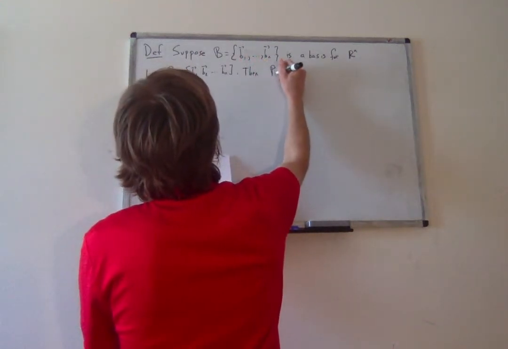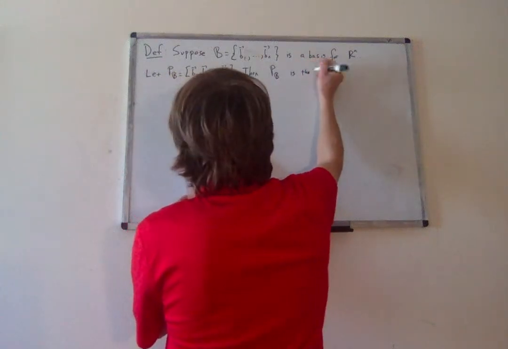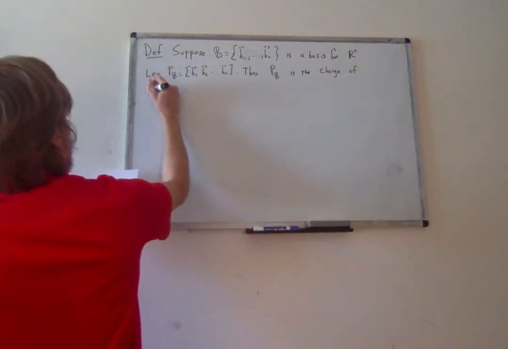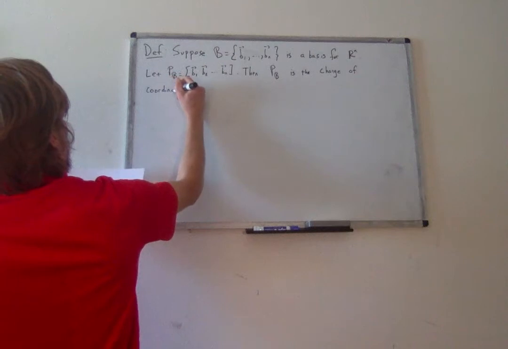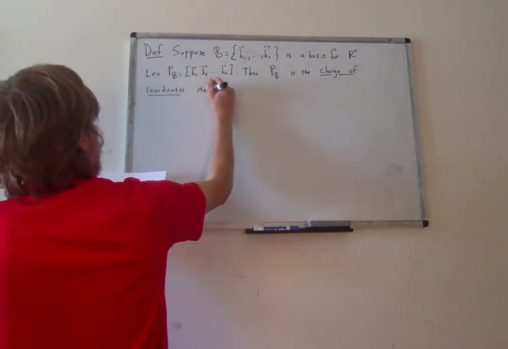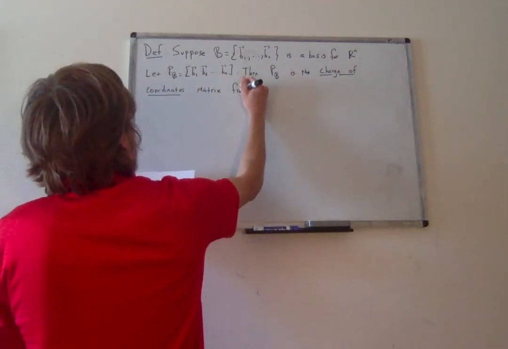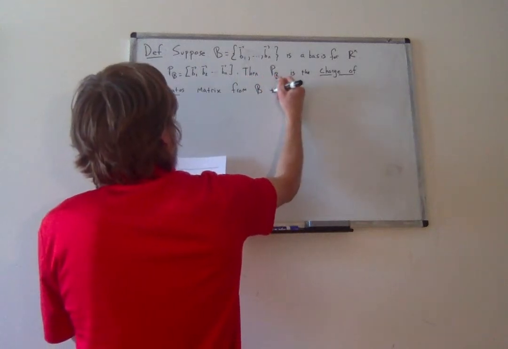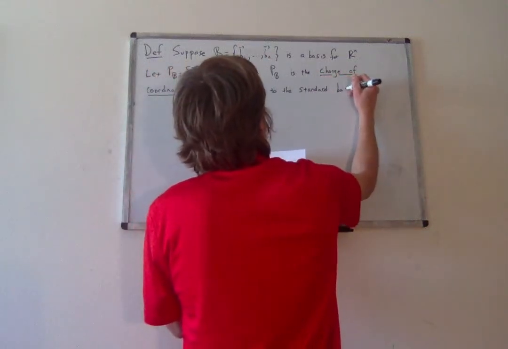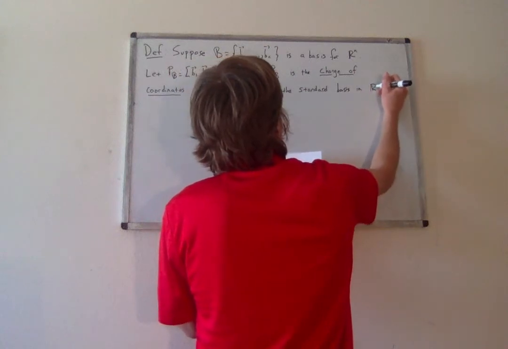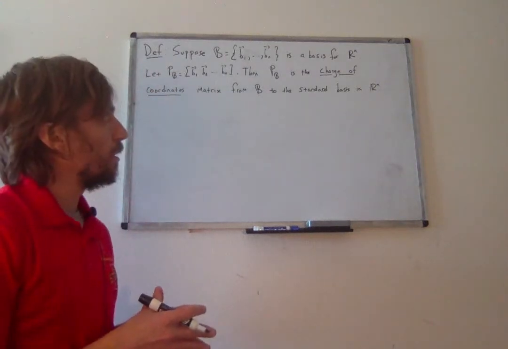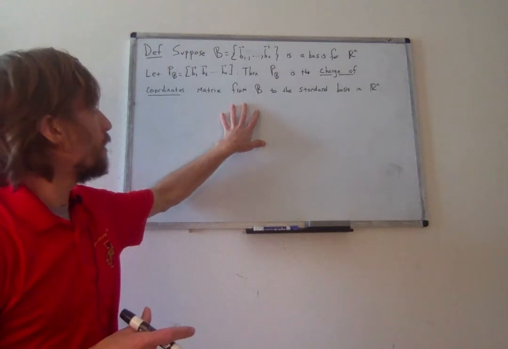Then we say that this matrix P sub B is the change of coordinates matrix from B to the standard basis in Rn.